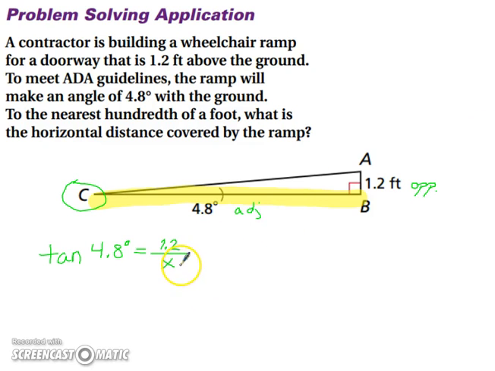We want to get our unknown out of the denominator, so we now have x times the tangent of 4.8 equals 1.2. Then we're going to divide both sides by the tangent of 4.8, so x is about 14.29, and we're dealing with feet, so feet.